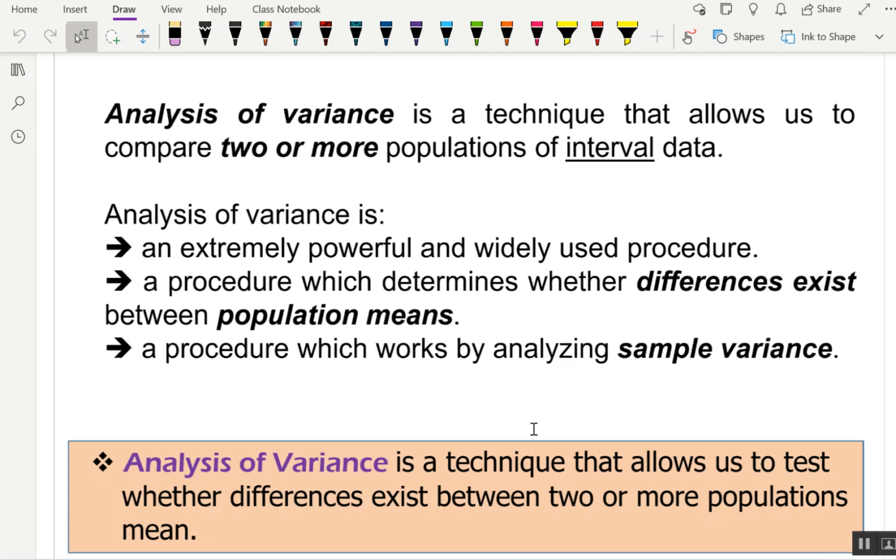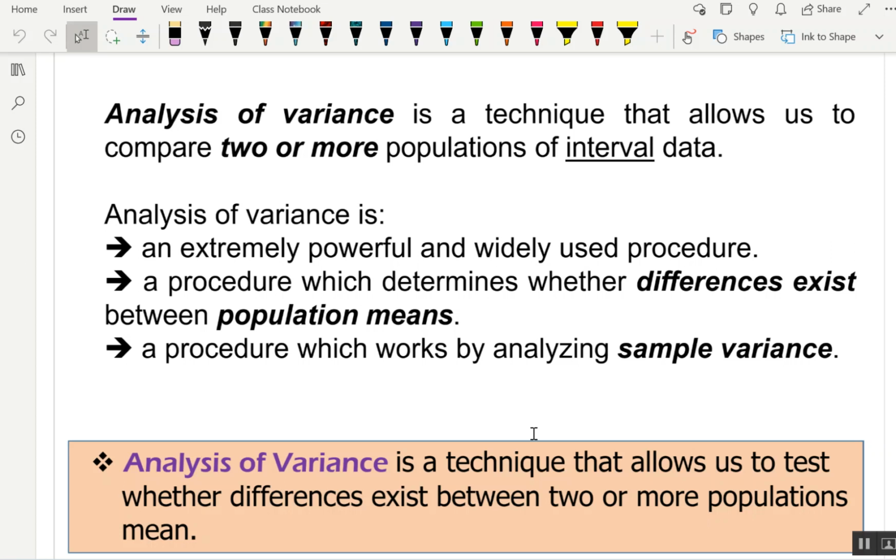And so basically the main point that we are looking at here is to determine whether there are any statistically significant differences. Mind the terms there: statistically significant differences between the means of two or more independent, unrelated groups.